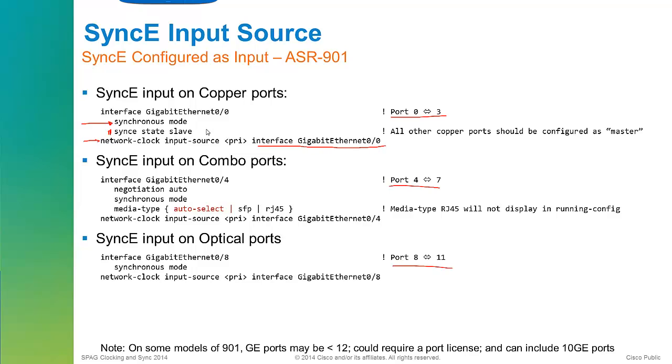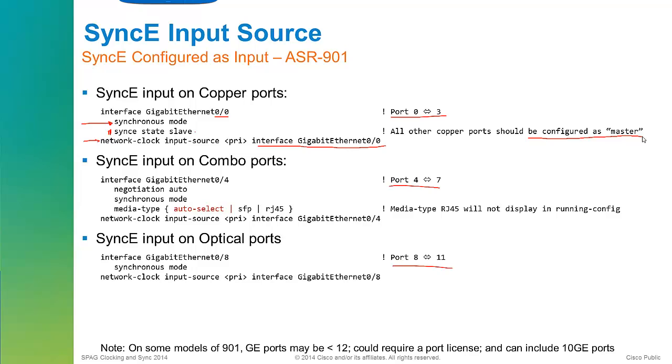So slave means take the clocking from down the line from 0/0 and condition my internal oscillator to reflect it. Of course, that means all your other ports should be clock source internal or the equivalent, and what you do with synchronous Ethernet in the 901, the equivalent is to say SyncE state master.